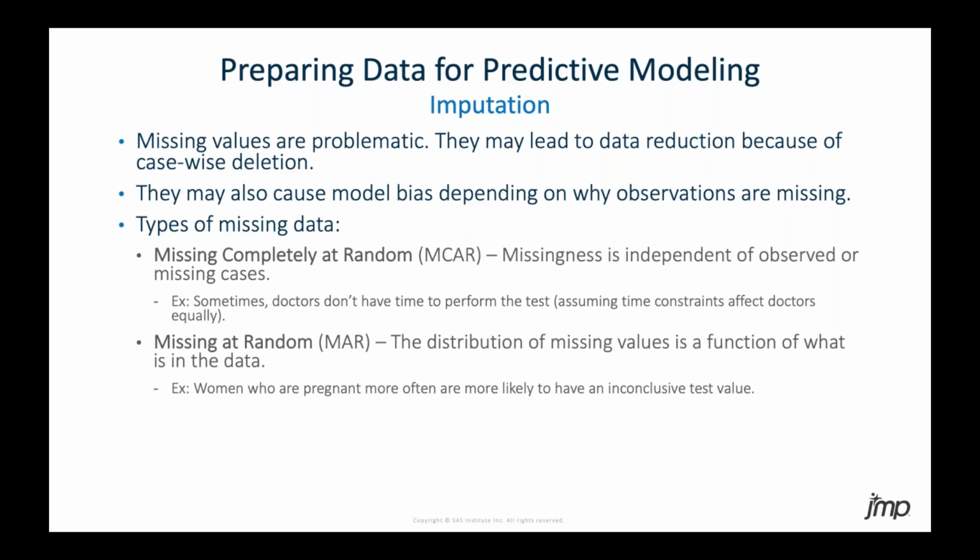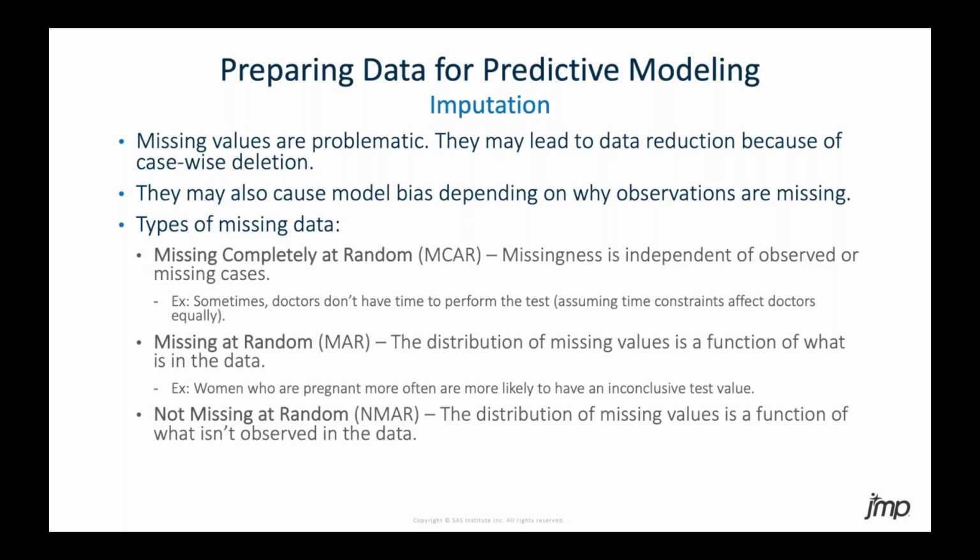That's good. The problem case is this very final case, when I've got data that's not missing at random. And that's when the distribution of the missing values is a function of what isn't in the data, what we can't see. So for example, let's say that there are certain doctors who are less efficient and they're less likely to perform these tests. That's not missing at random.